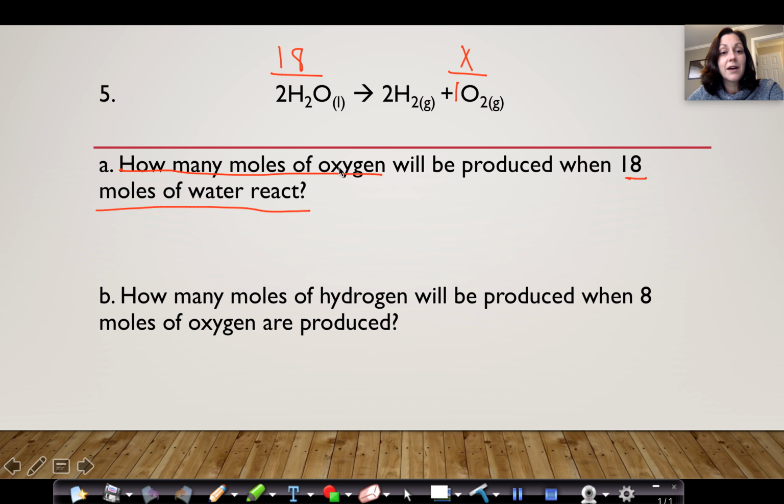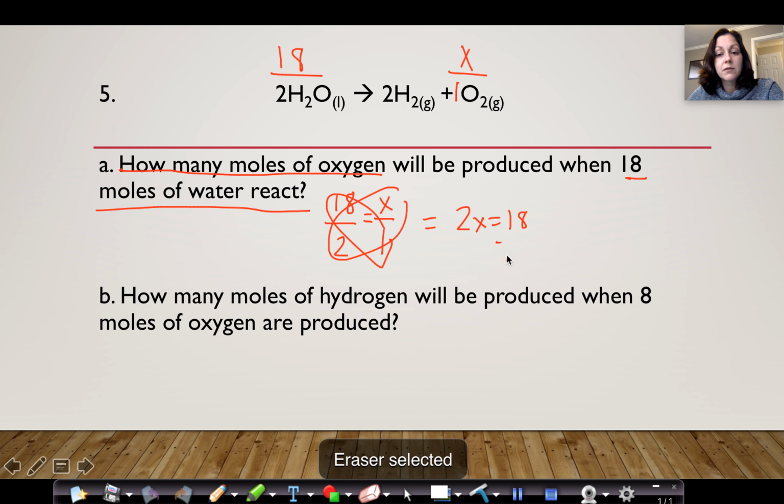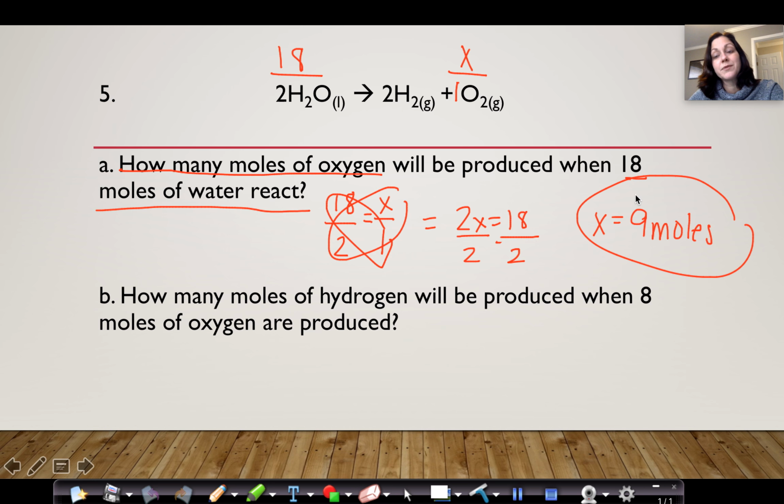But if you don't see that, we can just pull this down as our proportion, 18 over 2 equals X over 1. When I cross multiply, I get 2X equals 18. Then we divide both sides by what's in front of our X, and my answer comes out to 9 moles.